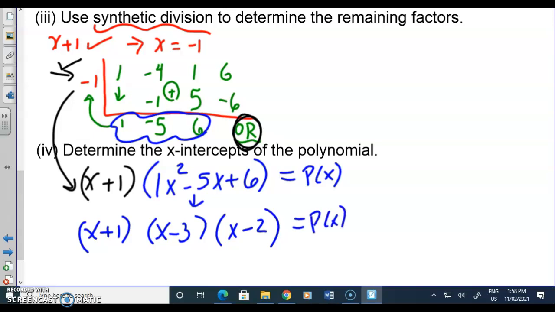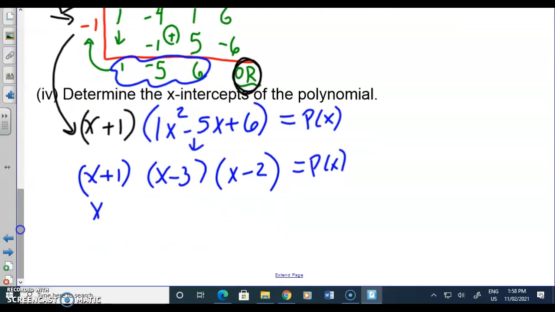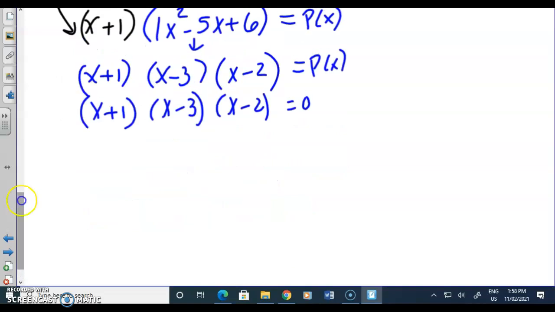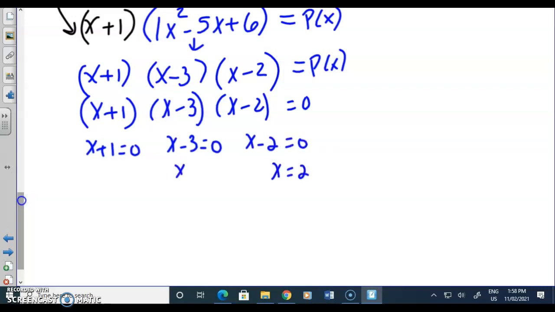And if I want to find the x-intercepts, remember what we do. We set the polynomial equal to 0. This is factored right now, so we set it equal to 0 and we solve each factor individually. I'm going to get x equals 2, x equals 3, and x equals -1.